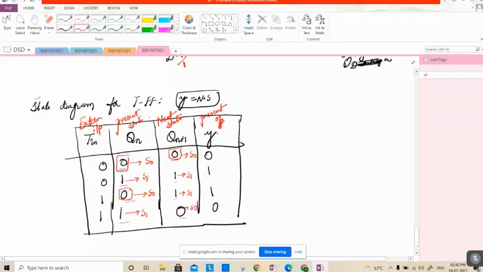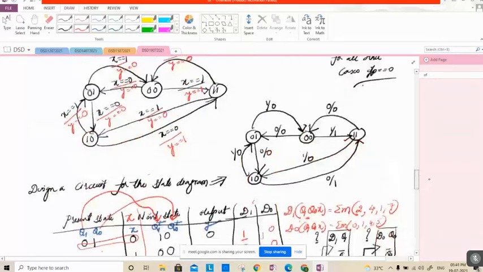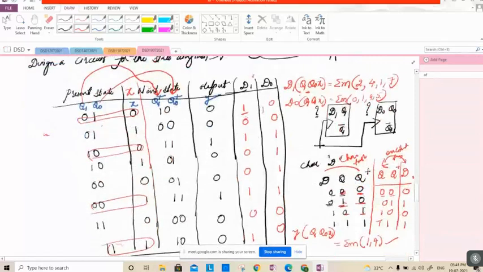Is it clear regarding the identification of the number of states in a state table? Only in the present state column you are supposed to check.